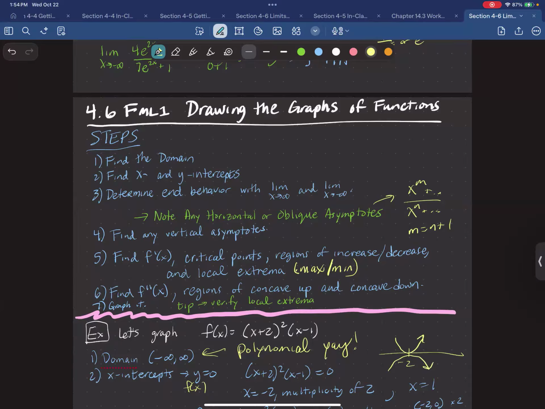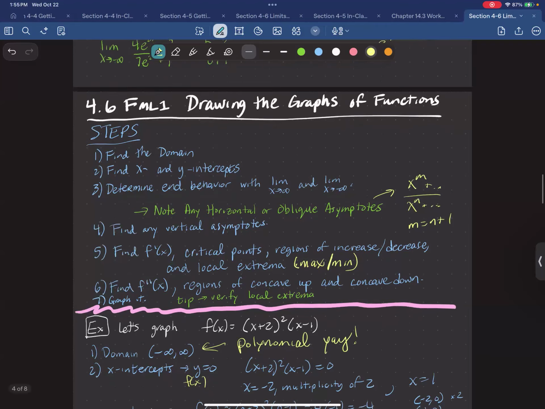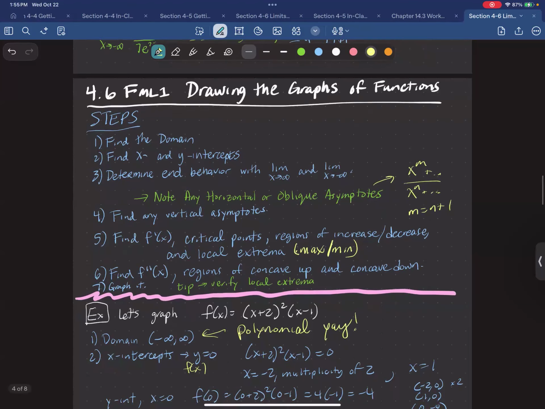It does a bounce, okay? Make sure you look at the getting ready stuff for reminders of multiplicity. We also had x equals 1. And so that gave us these two coordinates right here: negative 2, 0, and 1, 0.